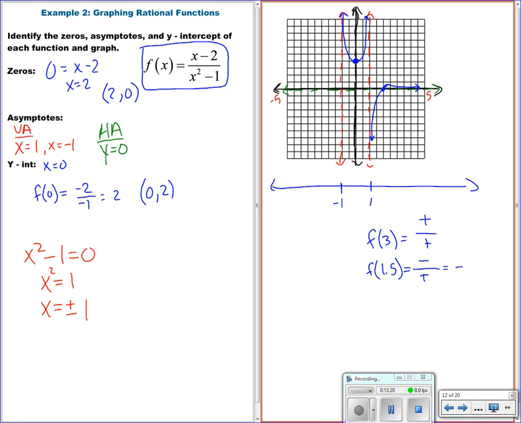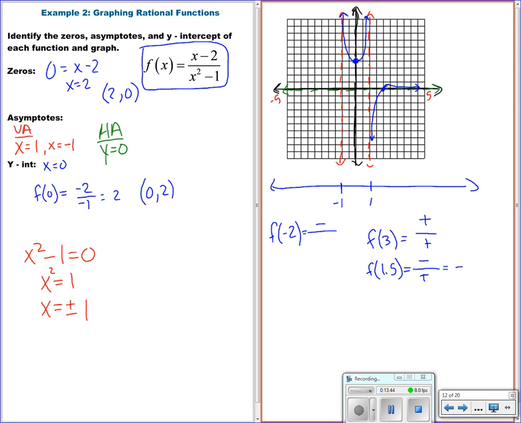Now for numbers less than -1, let's plug in -2 to determine whether our graph is above or below the x-axis. So f of -2, let me make that a little bit clearer. Now you're just determining whether it's positive or negative. So I have negative minus a negative, that's going to be a negative.